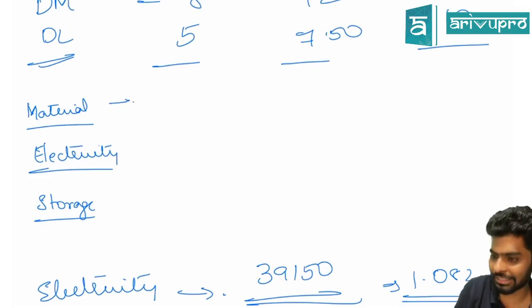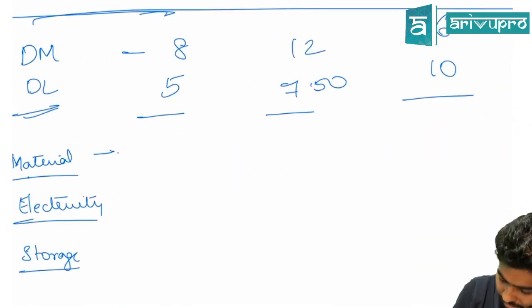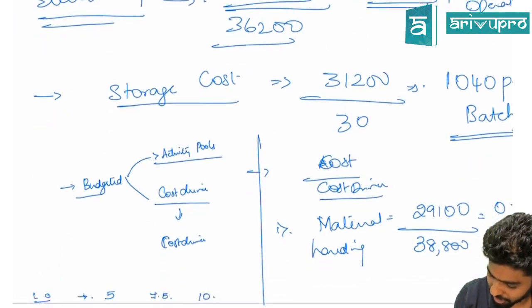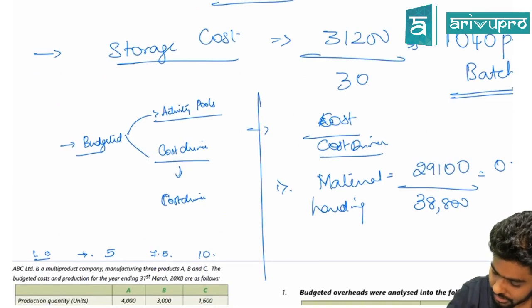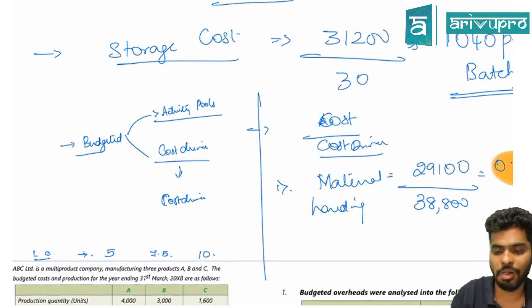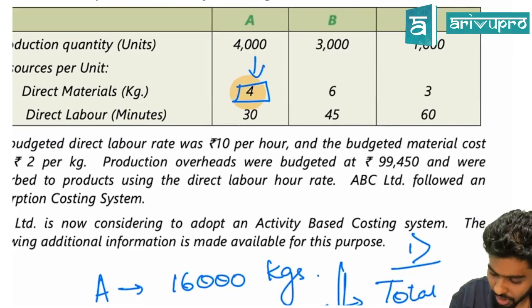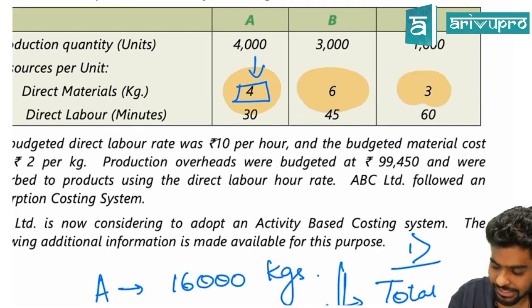Now when I say material handling, how is material handling done? We found out material handling is 0.75 per kg. Correct? And per product takes how many kgs? 4, 6 and 3.